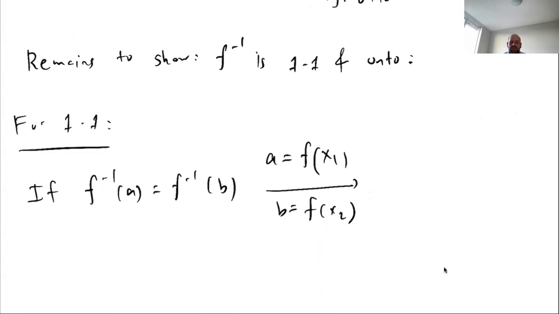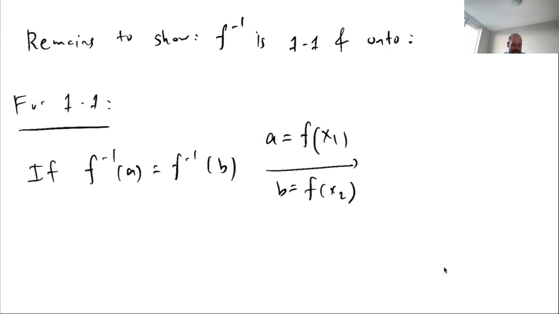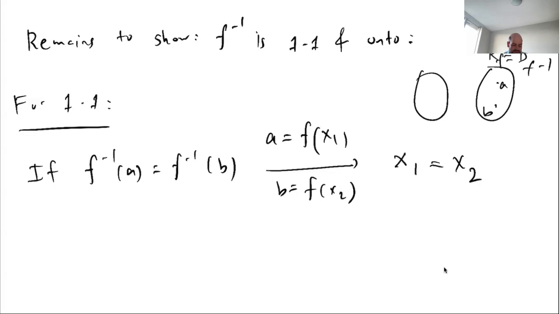Now F inverse of A would be x1, and F inverse of B would be x2. So x1 equals x2. Let me draw a picture here. Let's say this is A, this is B. This is the range of F, which is the same as the domain of F inverse. Then I also have x1 and x2 in the domain of F, which is the range of F inverse.